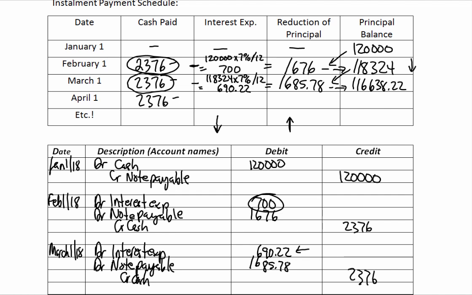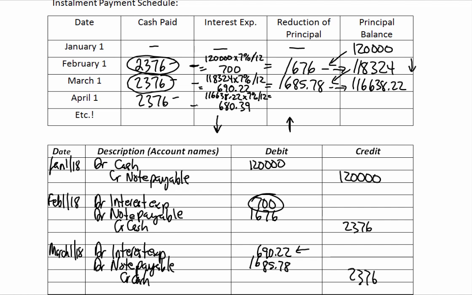Let's do one last time. From March 1st until April 1st, I had $116,638.22 outstanding. Multiply that times 7%, divided by 12. It's going to tell me what is my interest owed, $680.39.